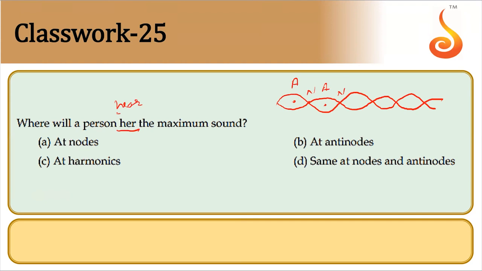Where do you hear maximum sound? That means you are speaking about a stationary wave produced by a sound wave. Here, whatever graph we draw to show antinodes and nodes is with respect to displacement. That means along the y-axis we have taken displacement.